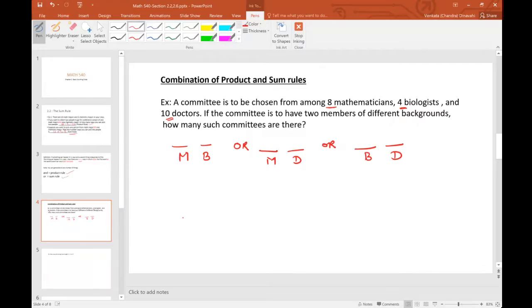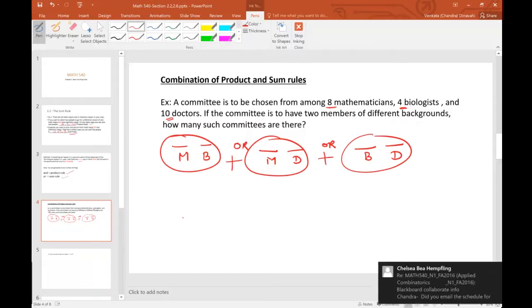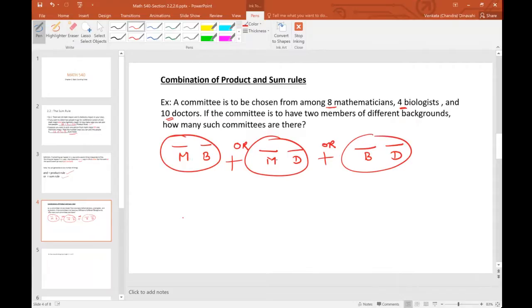So M and B, or M and D, or B and D. I'm just being lazy and shortening that. If you can find out how many ways you can do each job, then because of the OR, from the summation rule, all you have to do is add the number of ways you can do this job, or this job, or this job. Just add all of them.